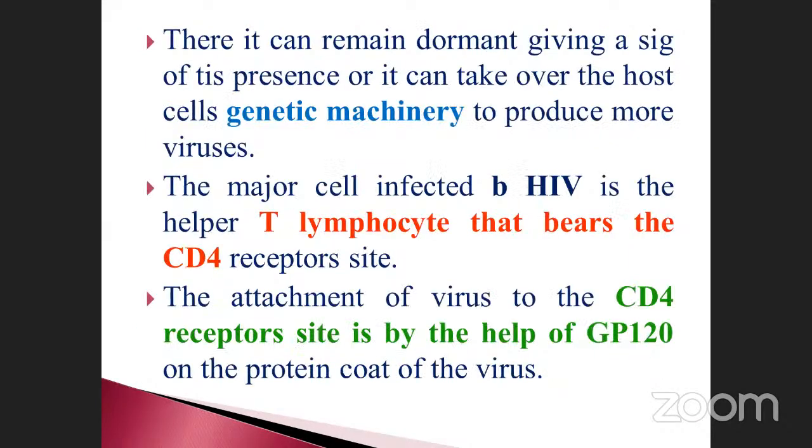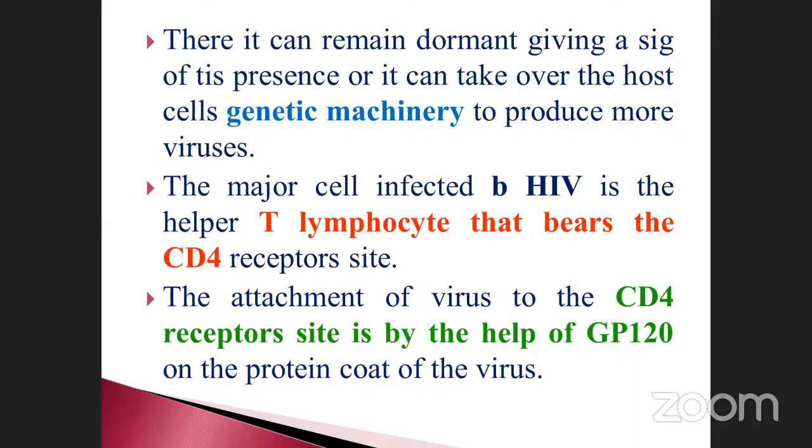It can remain dormant, giving no sign that it is present, or it can take over the cell's genetic machinery to produce more viruses. Suppose the cell is controlled by the viral DNA.